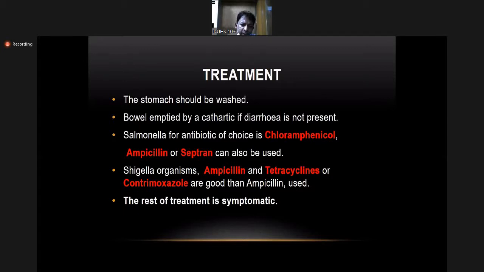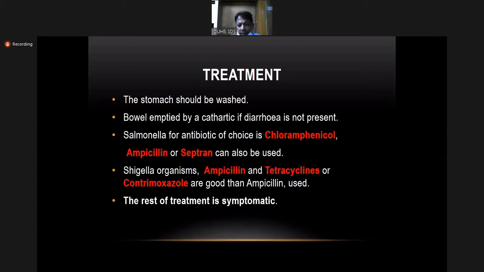Ampicillin or ceftriaxone, nowadays some are obsolete in treatment. For Shigella organisms, ampicillin, tetracycline, and cotrimoxazole are now also obsolete. Ampicillin is good, and tetracycline is still used at some places.